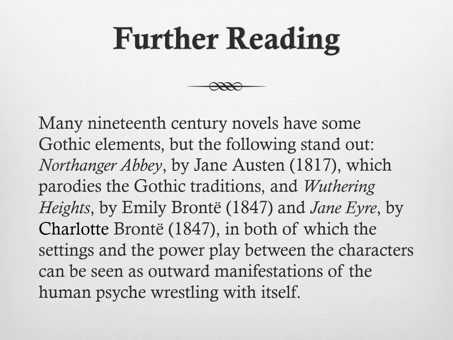But if you are interested in the Gothic, certainly those three stand out, as well as the works of Dickens that I've talked about. So this is something that crosses the late 18th century and the 19th century. And it is, again, a sort of reaction against the Age of Reason.